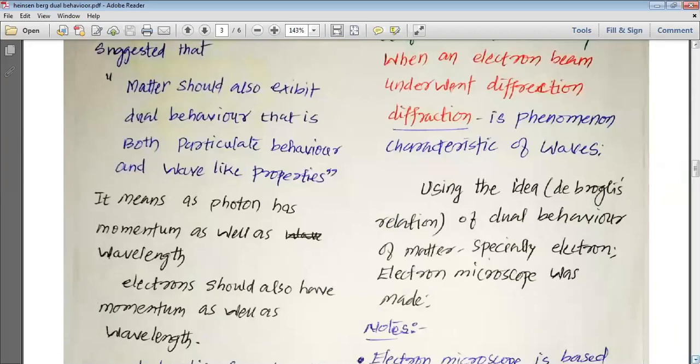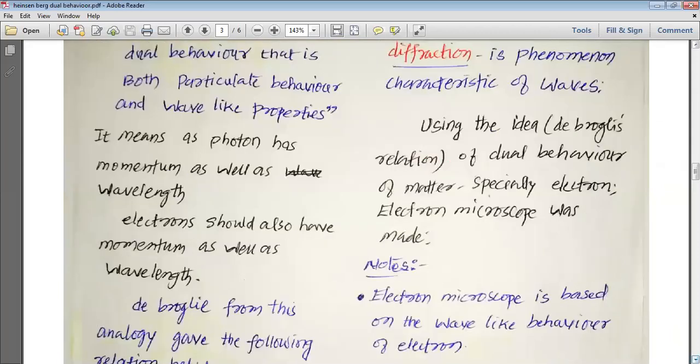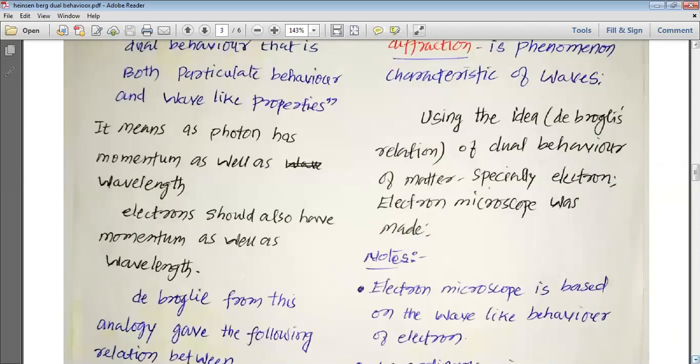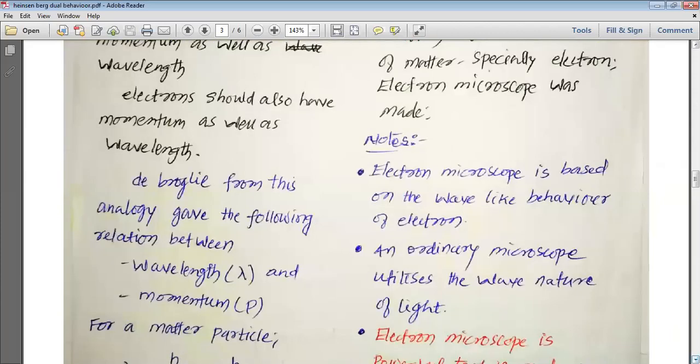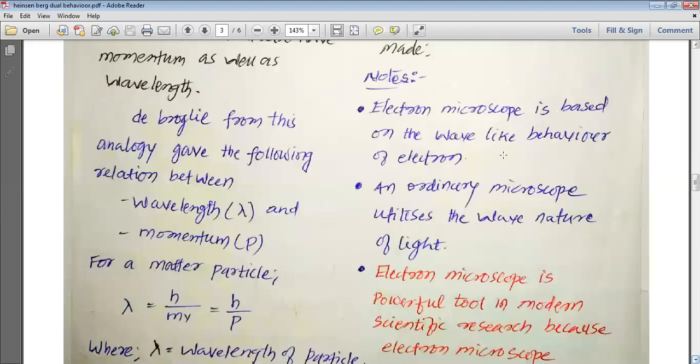So using the idea of de Broglie relation of dual behavior of matter, especially the electron microscope was made. Before this idea of dual behavior, electron microscope was not possible, but using the idea of dual behavior, electron microscope could be made. Electron microscope is based on the wave-like behavior of an electron.